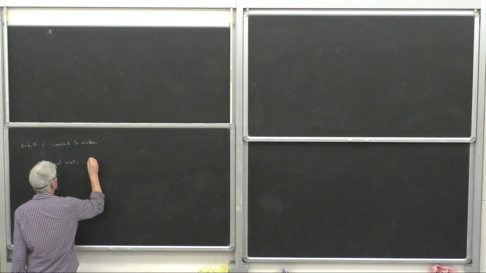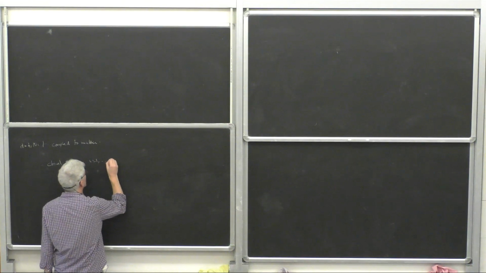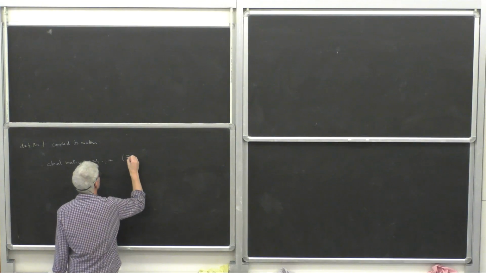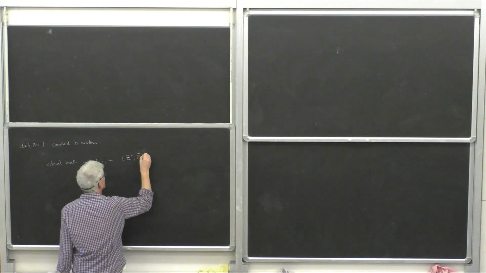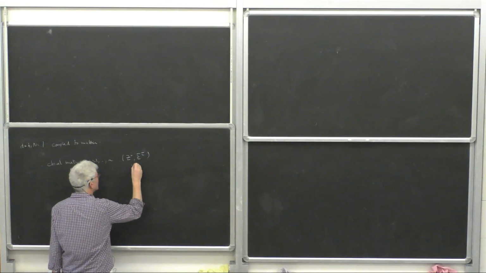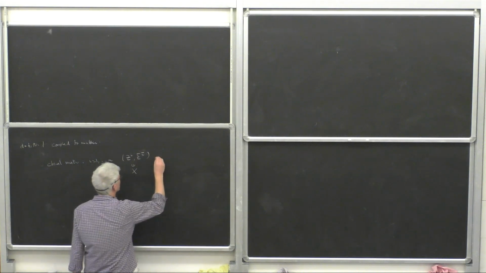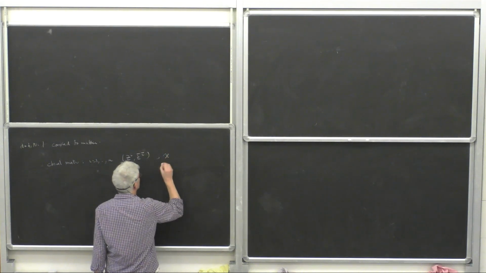and we're going to have some number of chiral multiplets. We can think of them as being a complex field, living in some space X, like coordinates in some space X, and they have a fermionic partner.